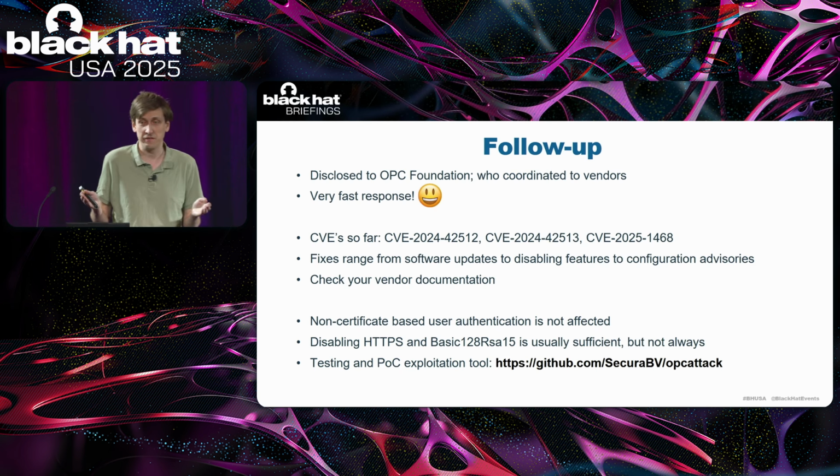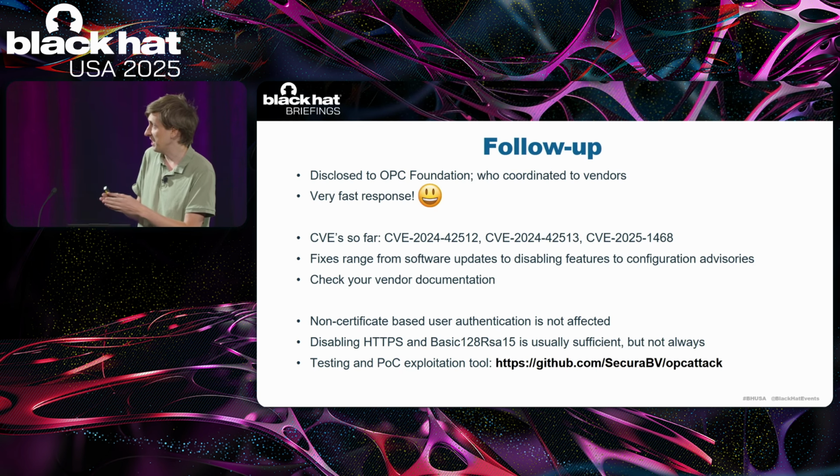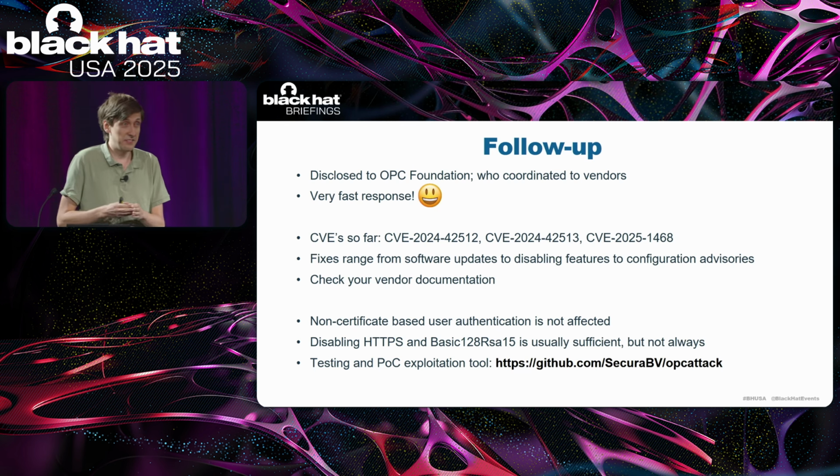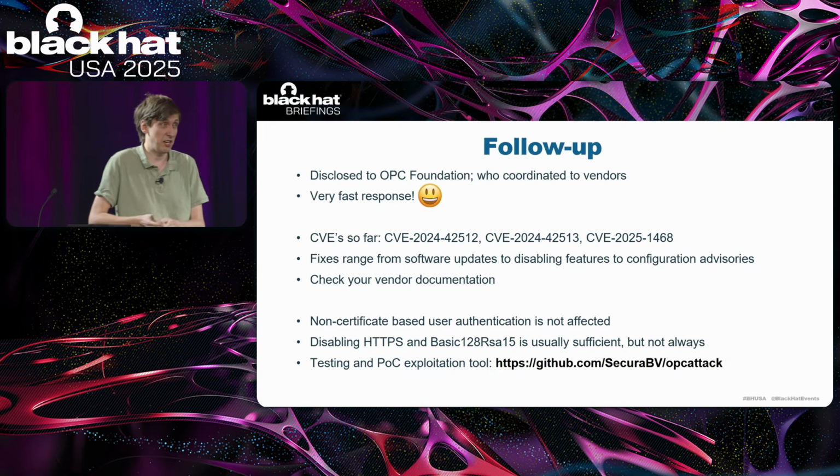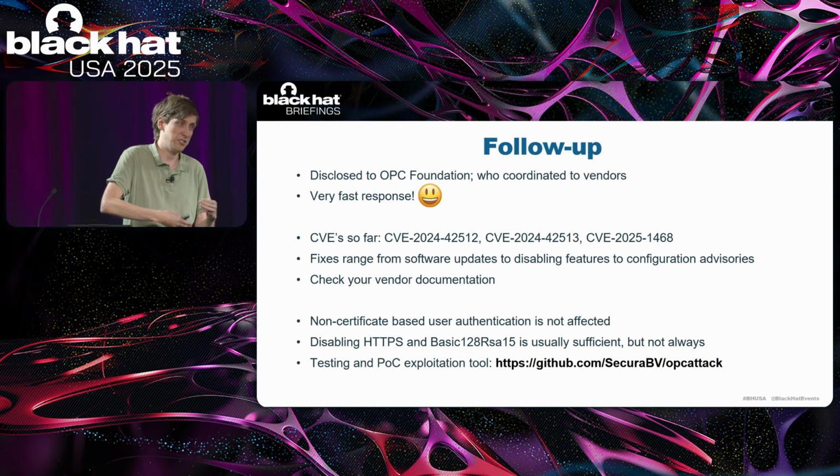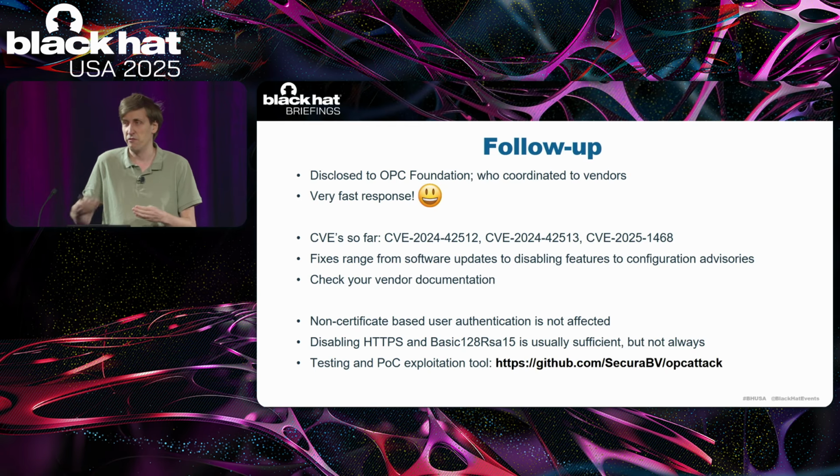They have all these vendors already coming together in this foundation, and they have a very nice system where security vulnerabilities can be disclosed directly to the foundation instead of having to go to Siemens and so on, one by one.